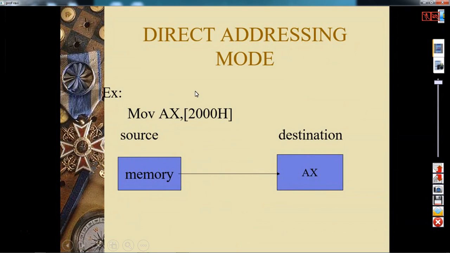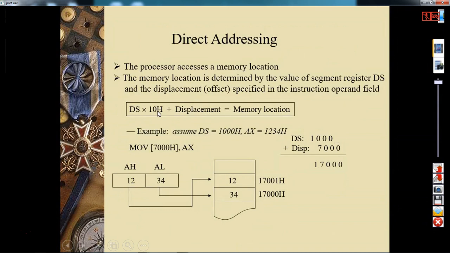The DS will be multiplied by 16, that is, append a zero at the end, and then 2000 will be added. Example, if DS is 100 and AX is 1234, then this 1000 will be added to 1234.